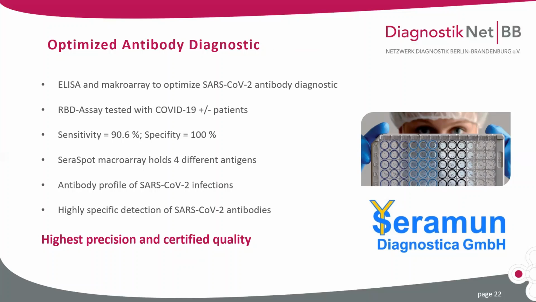Sensitivity for this test system is high. I explained how to interpret these numbers a little bit earlier. The SeroSpot microarrays has a variety of different antigens here, even 4, and then antibody profiling is possible for SARS-CoV-2 infections. So that is a specific detection of SARS-CoV-2 antibodies on a routine level already.